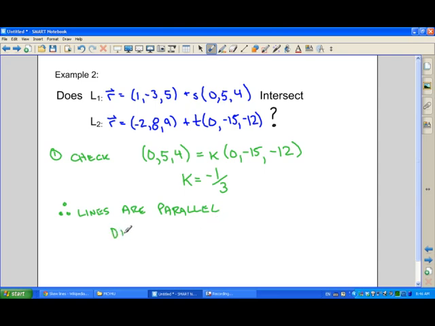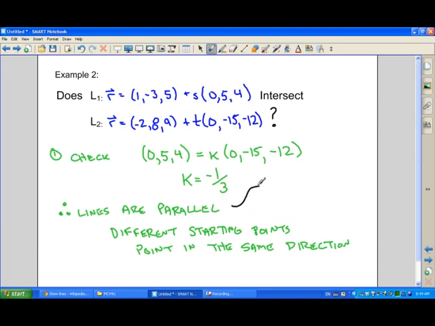They have different starting points, but they point in the same direction. So since these lines are parallel, they have different starting points and they point in the same direction, we can conclude one of two things.